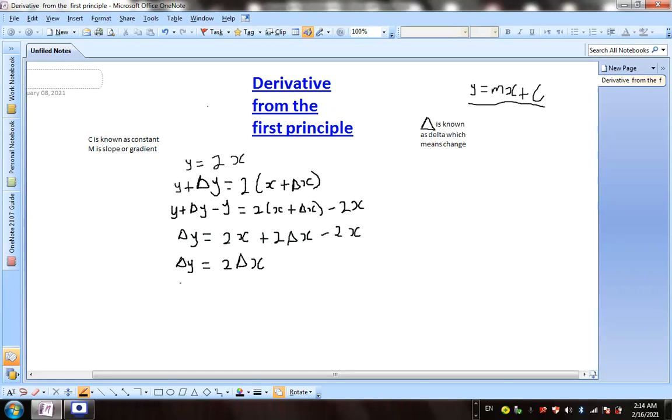Now divide both sides by dx, you have dy over dx, which is equal to 2dx all over dx. dx cancels dx, so we have dy/dx is equal to 2.